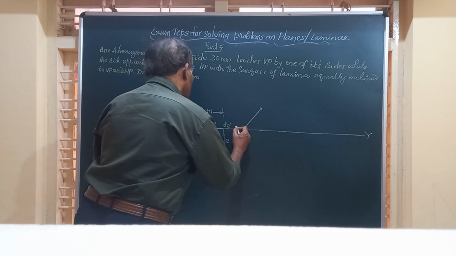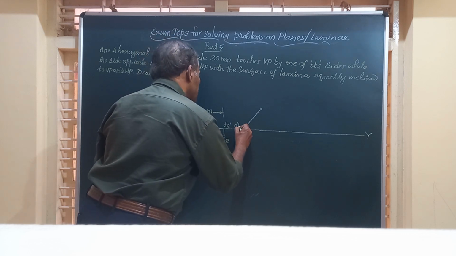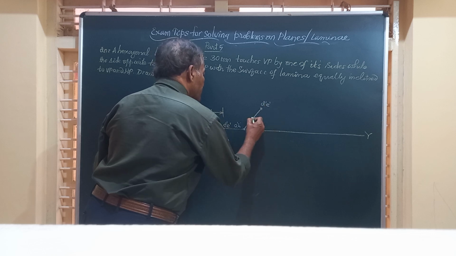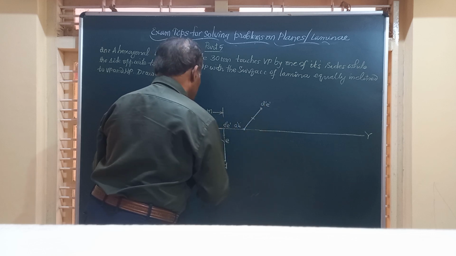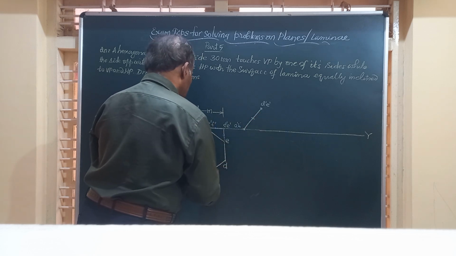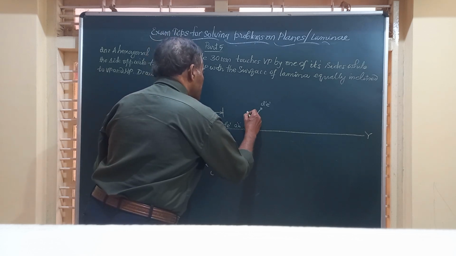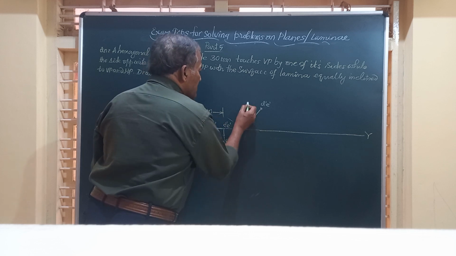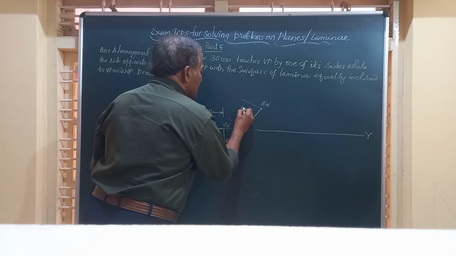That is, we'll call this A dash B dash. This is D dash E dash, and the midpoint of that is C dash F dash.